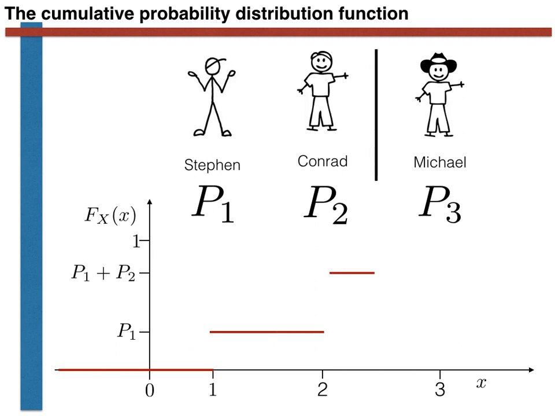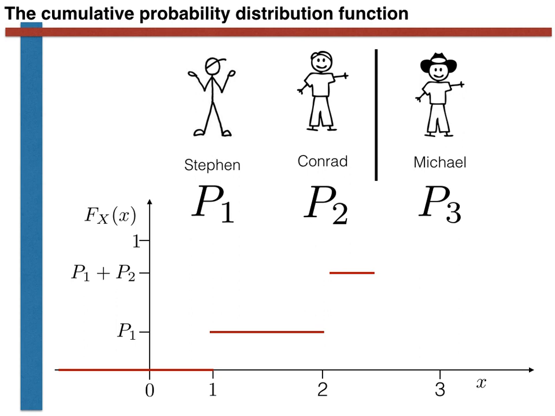For x equals 2, both Stephen and Conrad are members of the subset. Furthermore, picking Stephen and picking Conrad are 2 mutually exclusive outcomes from this experiment. We can thus calculate the probability that capital X is less than or equal to 2 by adding together the probability that you pick Stephen, P1, and the probability that you pick Conrad, P2.